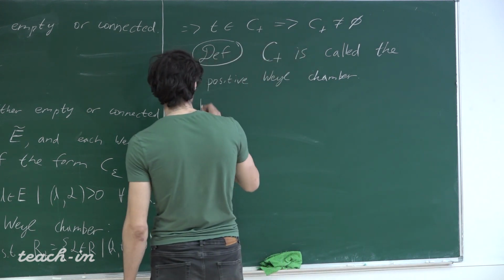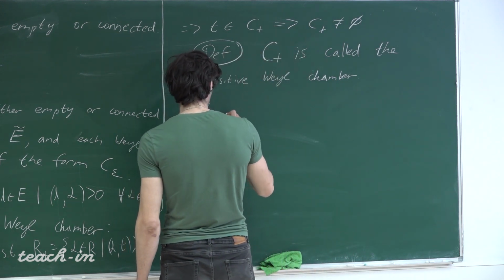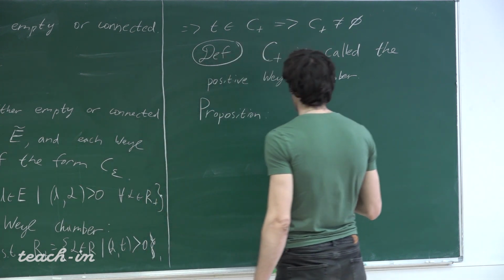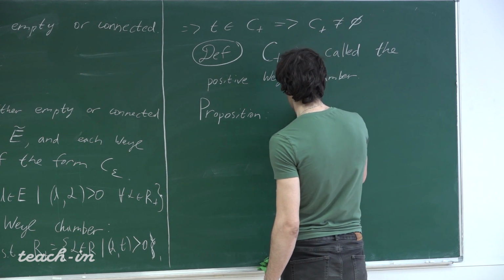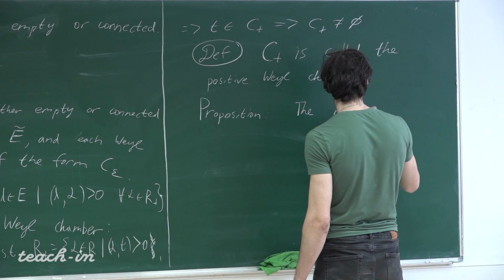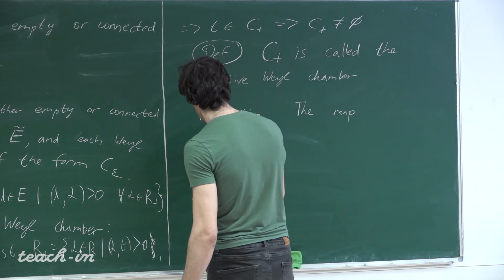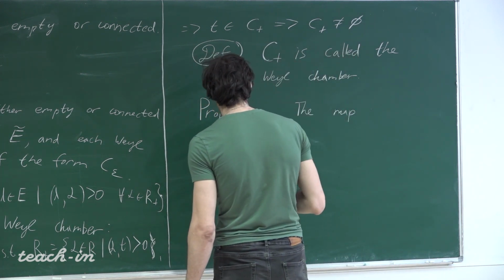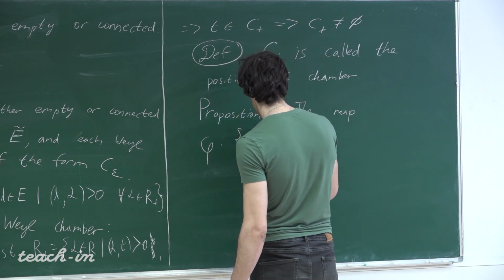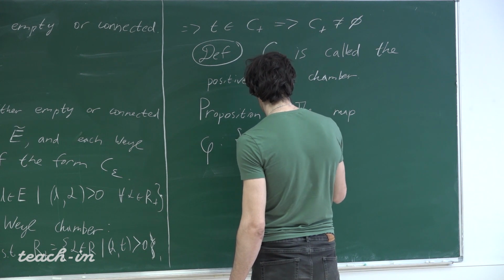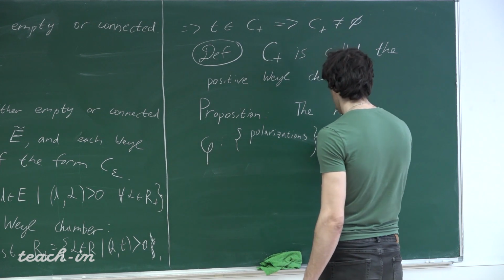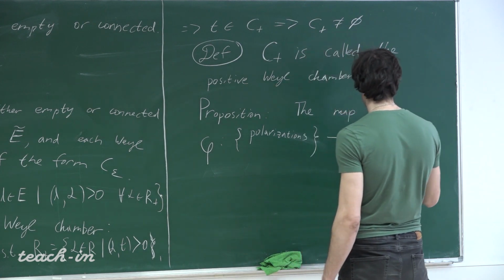So, proposition: the map, let's call it phi, from the set of polarizations to the set of Weyl chambers.